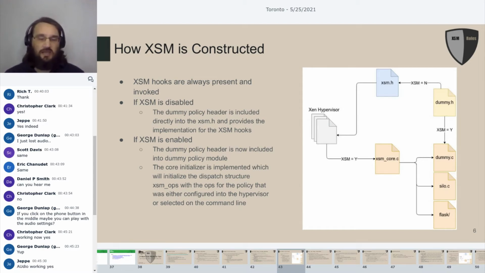When you turn XSM on, instead of that dummy header being applied to the xsm.h, the dummy header actually winds up getting put into dummy.c and called as hook functions, as opposed to just straight static inline function calls when you turn it off. So as far as the operation itself, the operation is exactly the same.